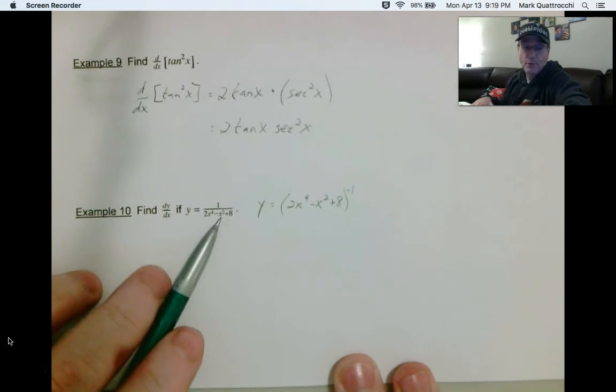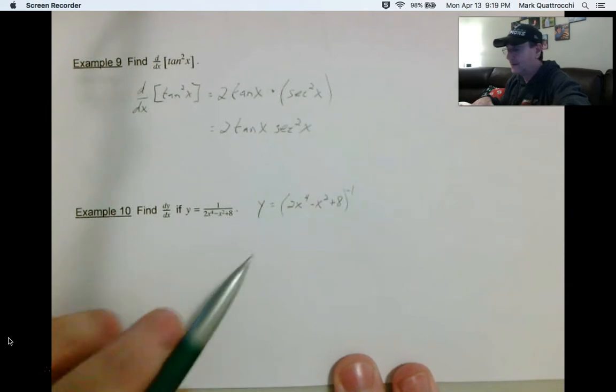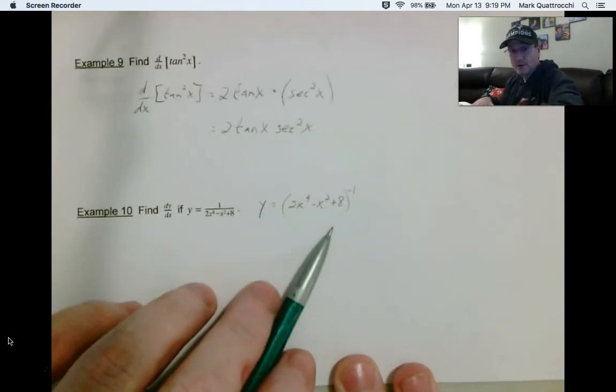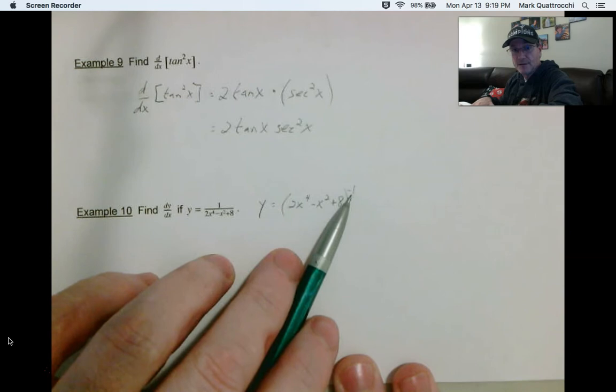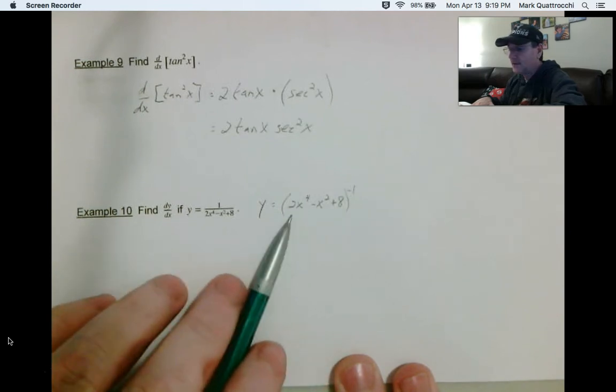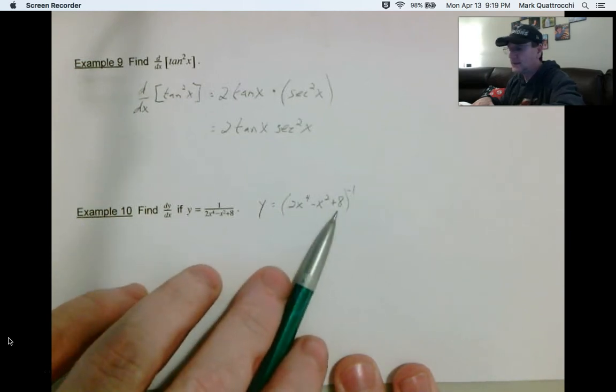We could do quotient rule, but it's not worth it. This is actually easier. This is now a chain rule function. The outside function is the negative 1 power. The inside function is 2x to the 4th minus x squared plus 8.